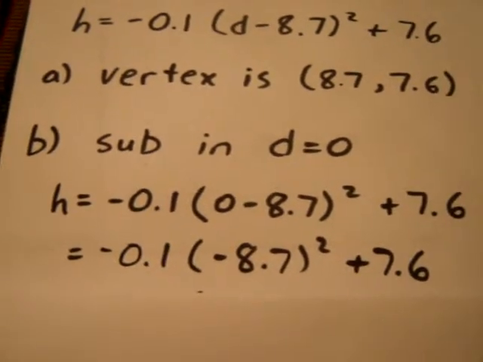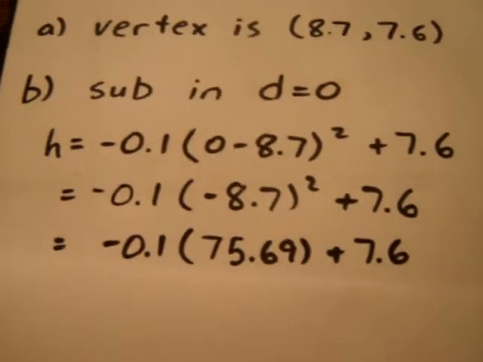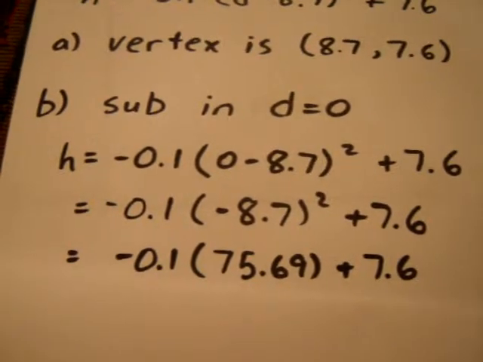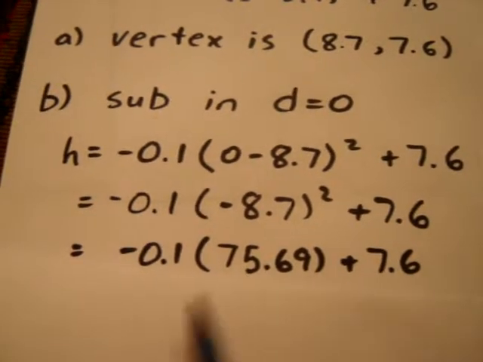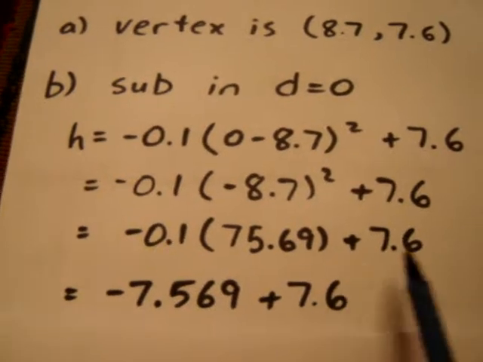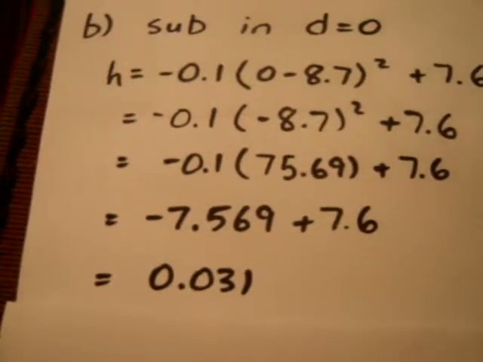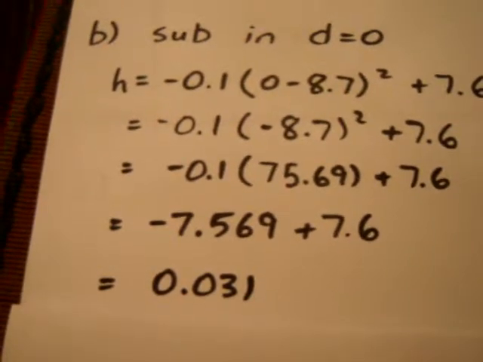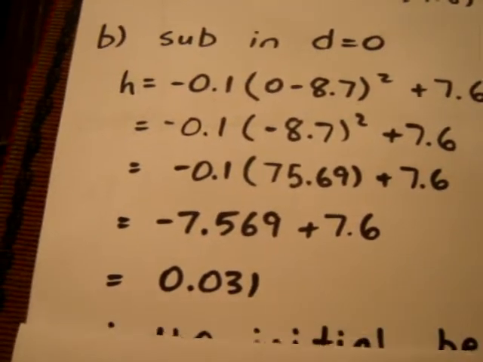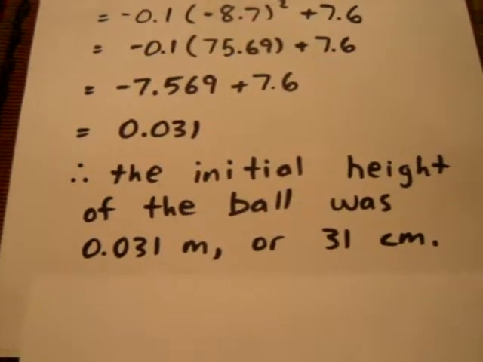Then BEDMAS tells us next to do the exponent, which we do. Then BEDMAS tells us to do the multiplication next, which we do. And then we do the addition at the end. And we get that the initial height of the football was 0.031 meters, or approximately 31 centimeters.